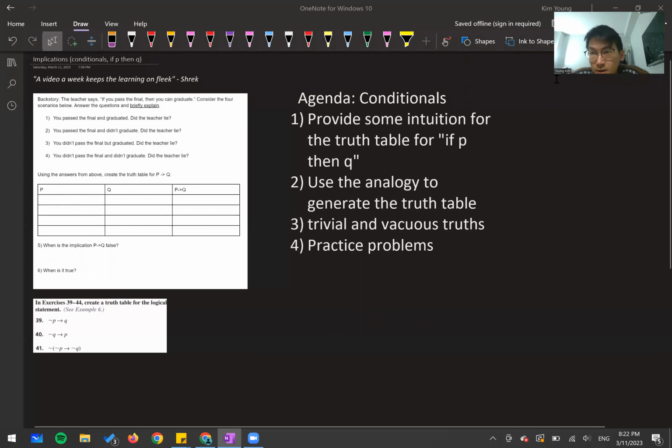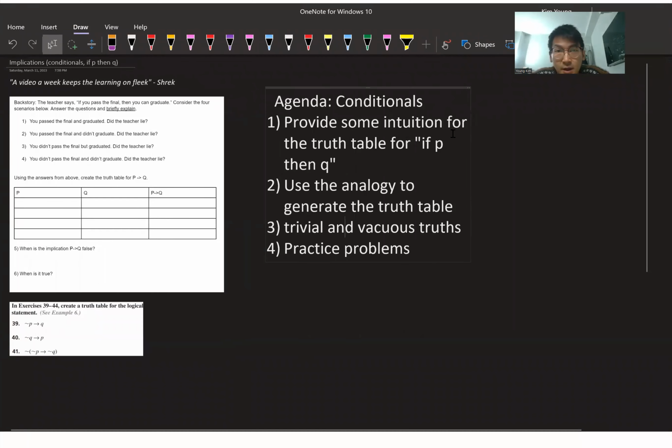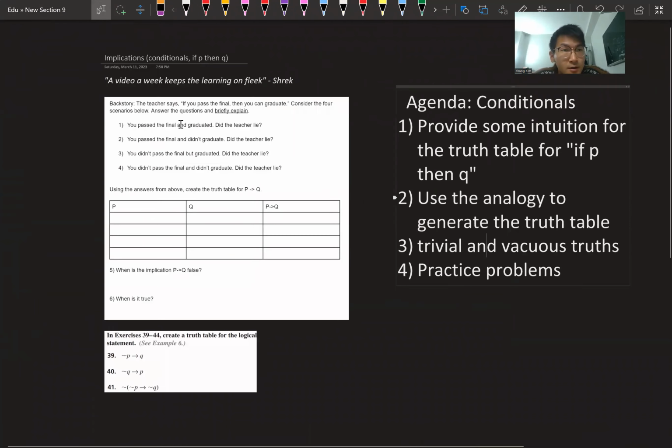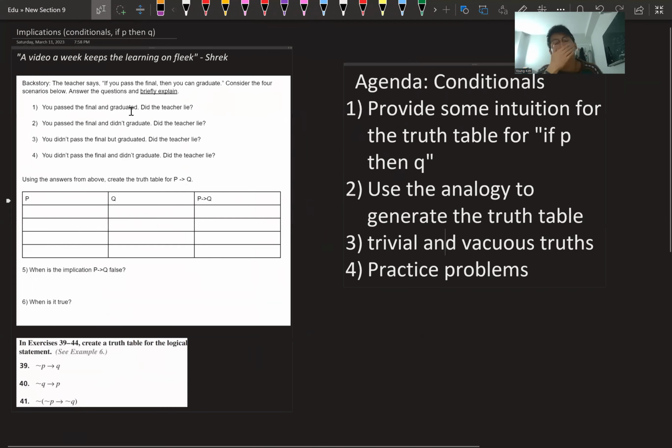Okay, what's up? Today we're going to cover implications. Specifically, we're going to cover creating the truth table for an implication, which is usually created using two statements. We're going to do that by providing some intuition with this real life analogy.